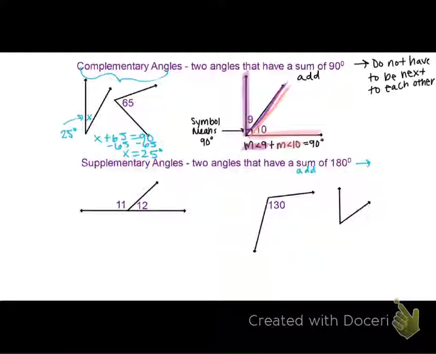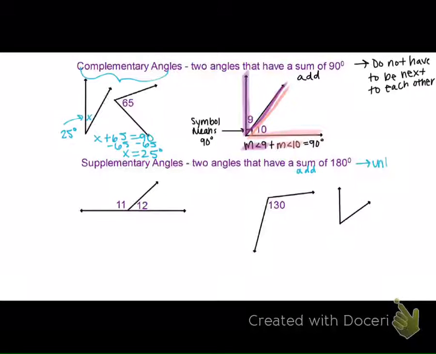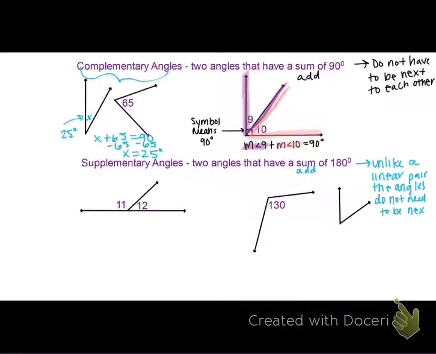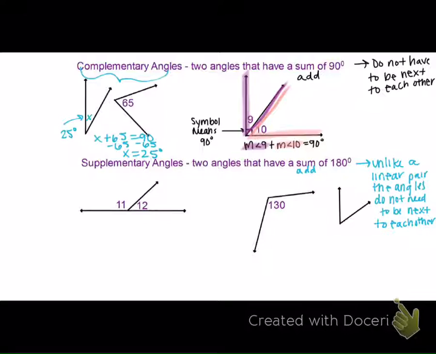So unlike a linear pair, the angles do not need to be next to each other. Does that mean when it's a linear pair, it's also supplementary, but just because it's supplementary it's not a linear pair?